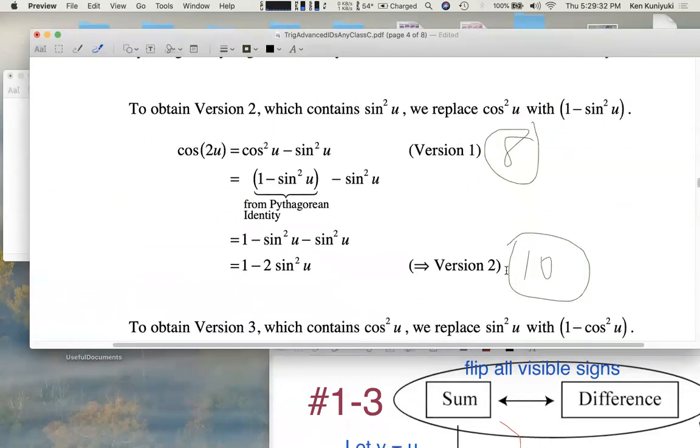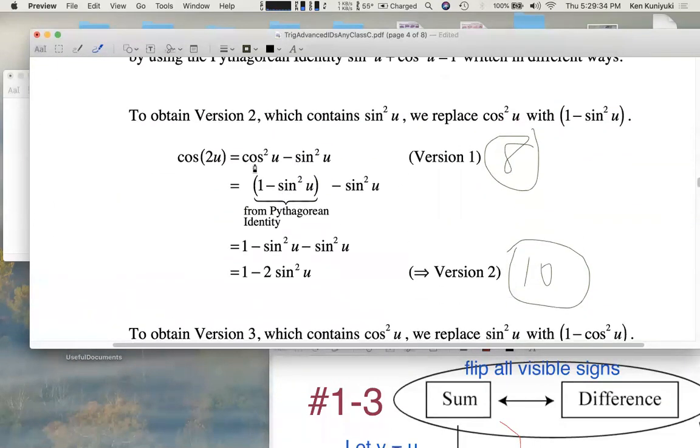Cosine squared of u is equal to 1 minus sine squared of u. That's a variation on the basic Pythagorean identity. Okay, well, what's 1 minus x minus x? I'll do a snap substitution. It's 1 minus 2x. In this case, 1 minus 2 sine squared of u. X was sine squared of u.